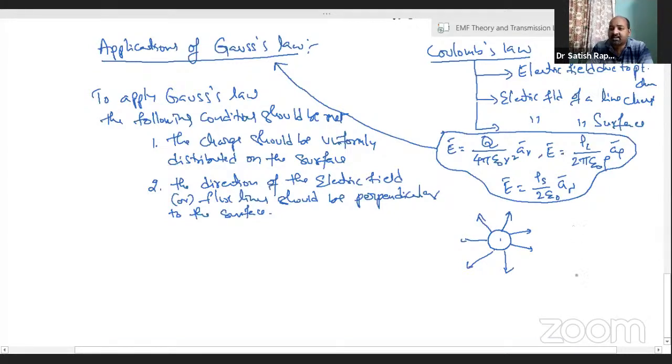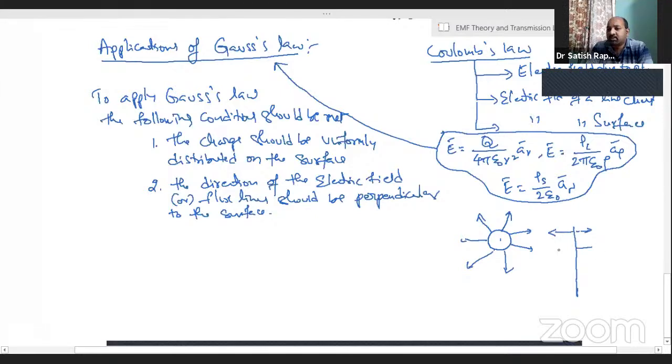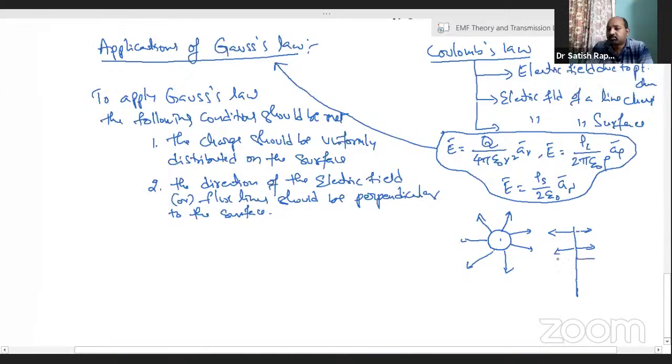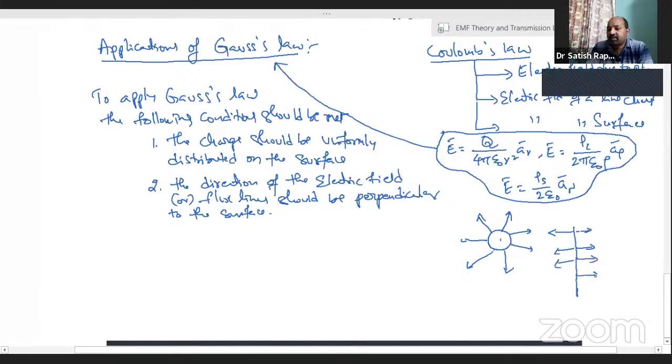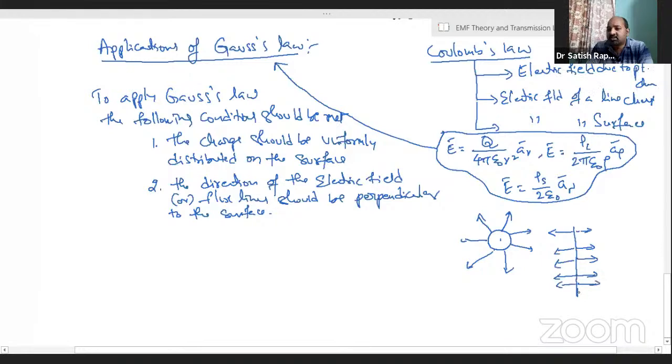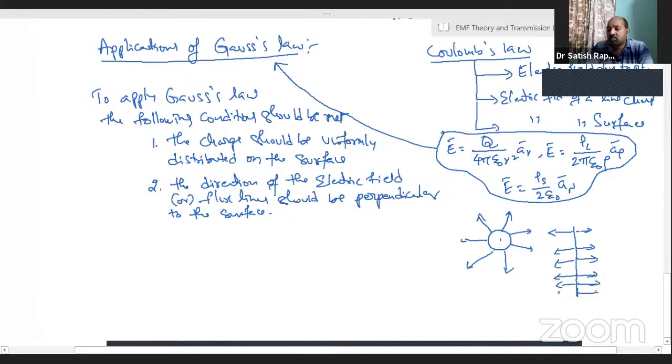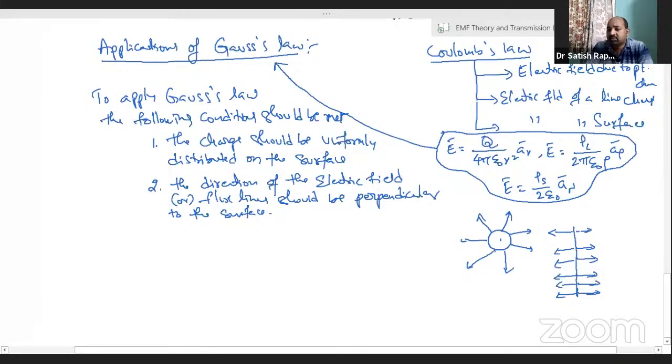Similarly, if you consider a line charge, the electric field should be perpendicular to the line everywhere, in all directions, 360 degrees. It should be normal.